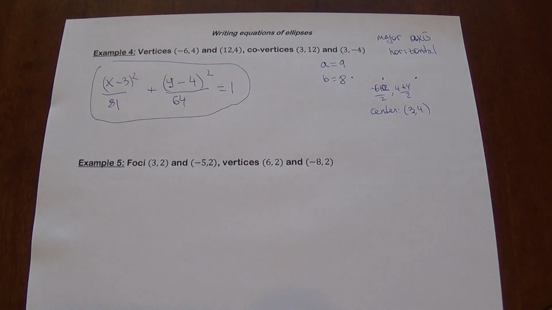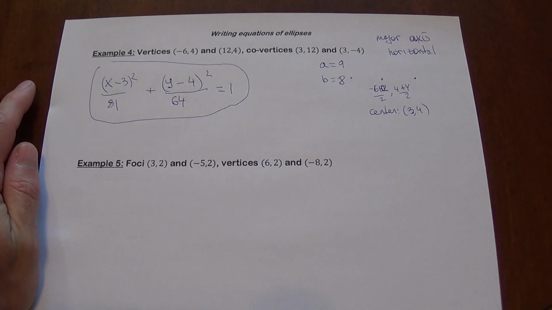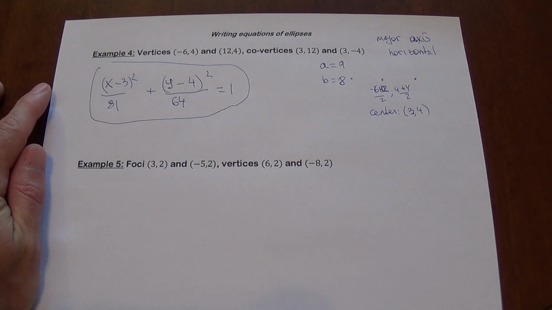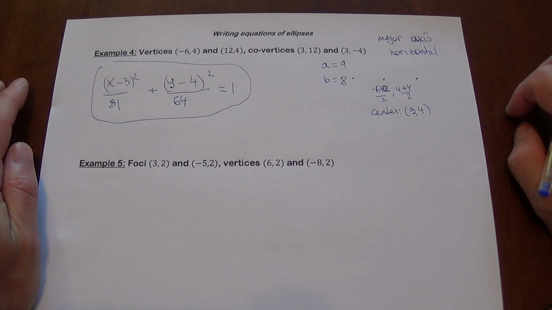Okay. Last problem, we actually need to try to figure out what to do when the focus is given to you. So when the foci are given to us as 3, 2, and negative 5, 2, and the vertices as 6, 2, and negative 8, 2, remember that the foci and the vertices are located on the major axis.